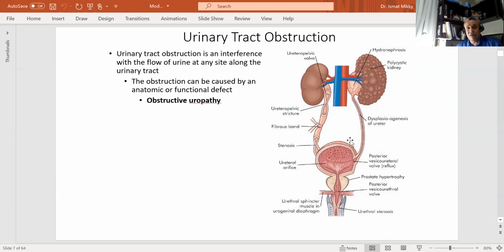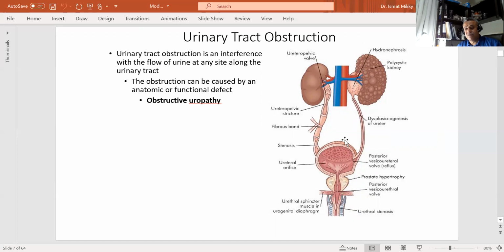Then here we have the obstruction in the urinary tract. The obstruction of the urinary tract can result from different reasons, causes, or etiologies. Strictures can result in obstruction, fibrous bands or fibrosis, dysplasia, stenosis due to a tumor, for example.